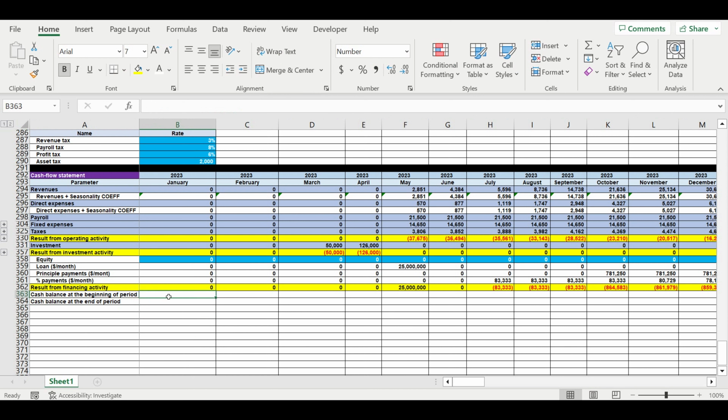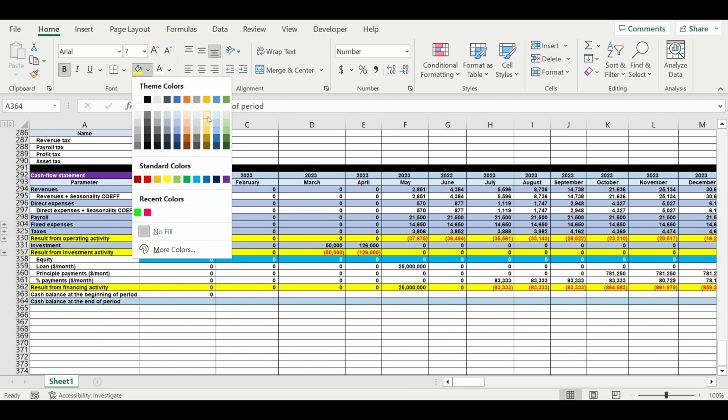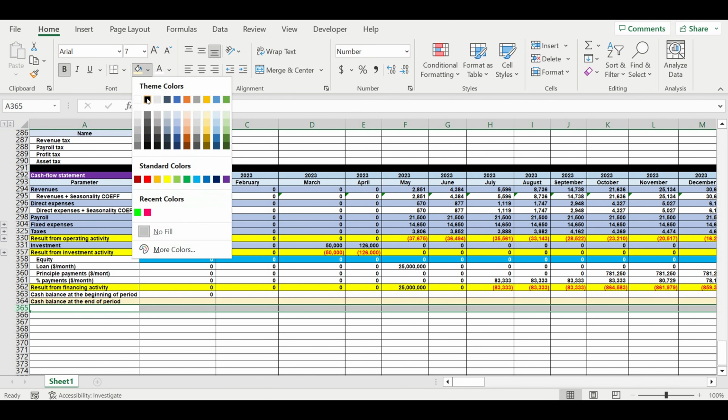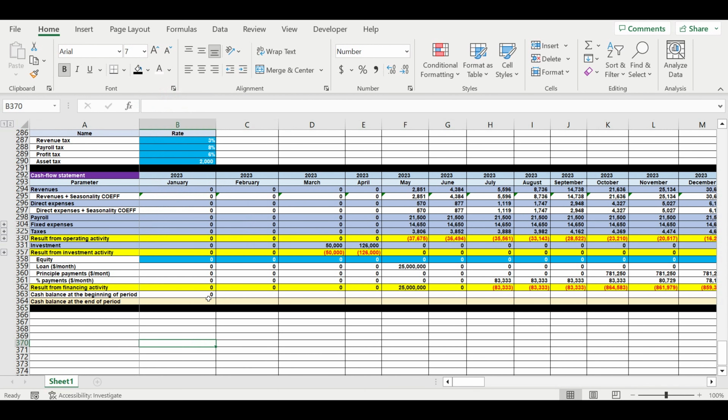So here cash balance at the beginning of period will be 0 at the first month. Then cash balance, let me highlight it with this color, this will be the end of the cash flow statement.